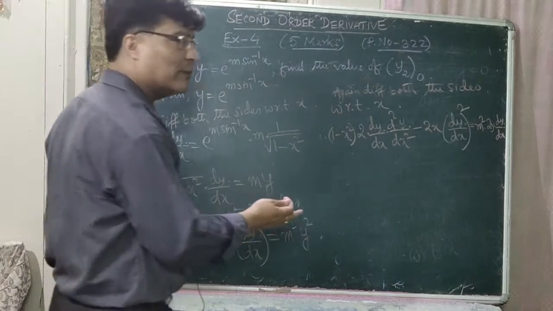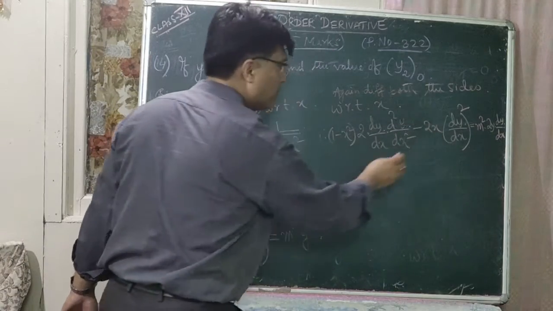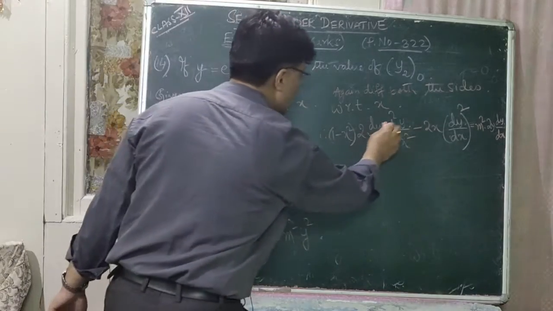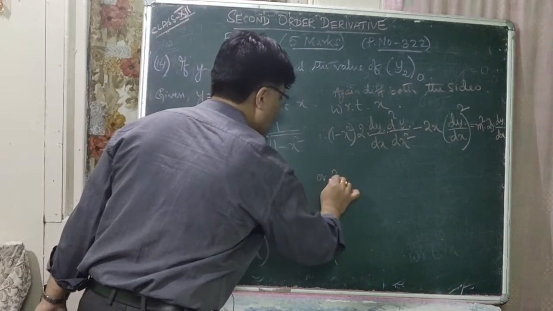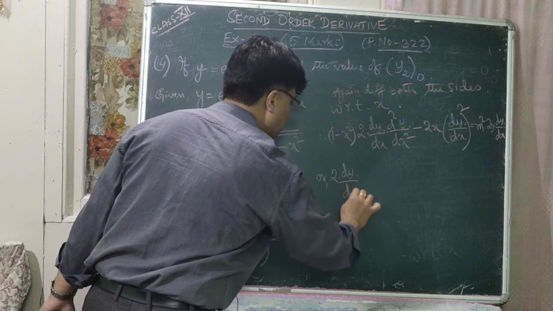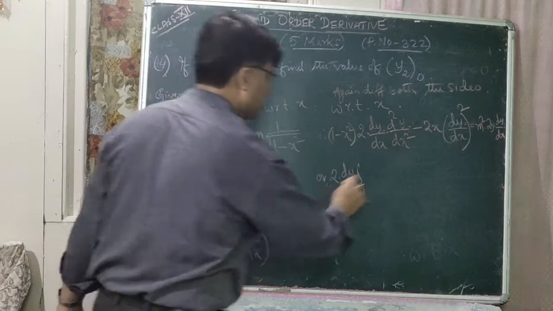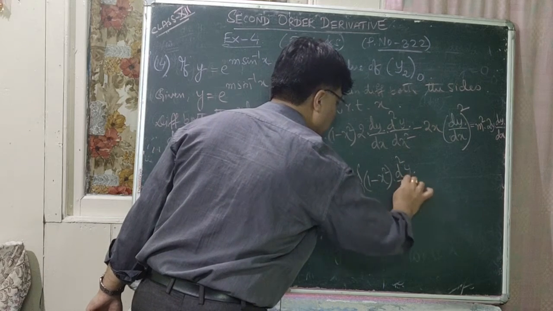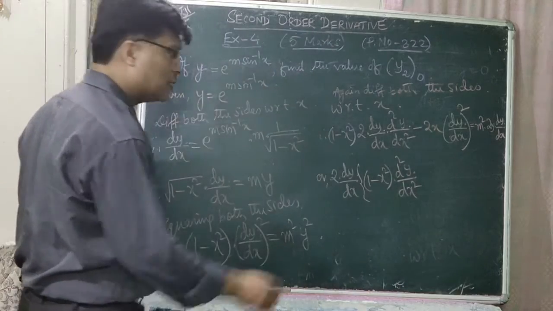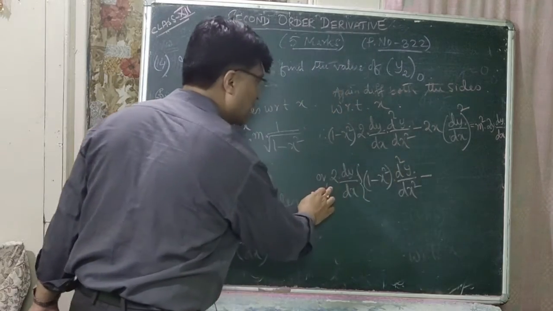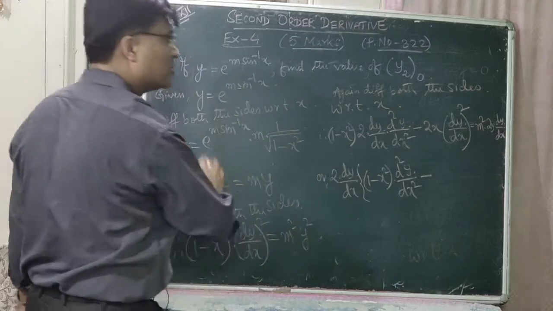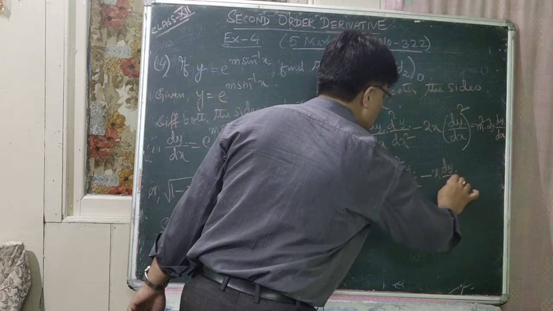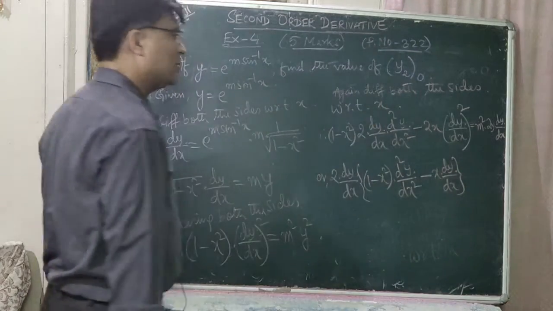Now you can simplify it further. So you can take common here. (dy by dx) whole square means dy by dx into dy by dx. So here 2 into dy by dx is taken common. So 2 into dy by dx, within the second bracket, 1 minus x square into d2y by dx square, right? Minus sign. Now here 2 is taken common, and one of these dy by dx is also taken common, so it is minus x into dy by dx, second bracket is closed.